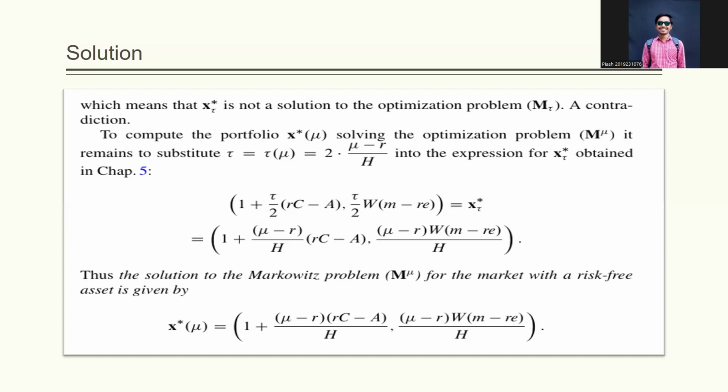Thus, the solution to the Markowitz problem m to the power mu for the market with a risk-free asset is given by x star mu equals 1 plus mu minus r into rc minus a divided by h, and mu minus r into w into m minus re divided by h. So here we can see the solution to problem A.